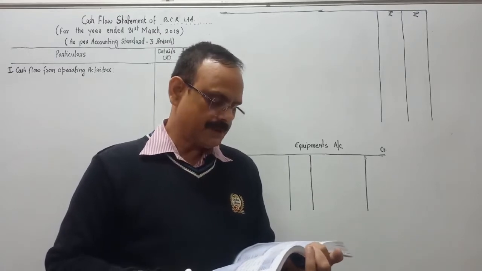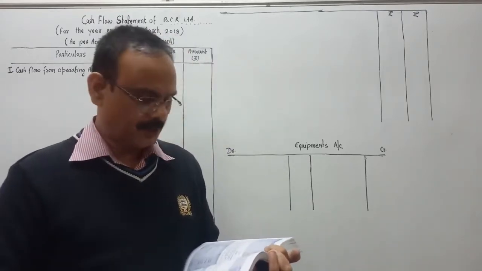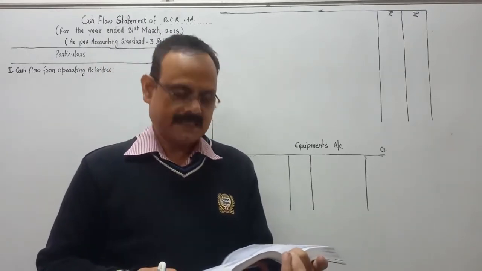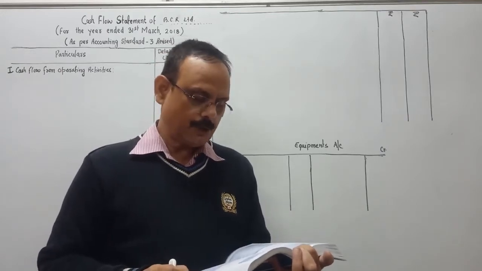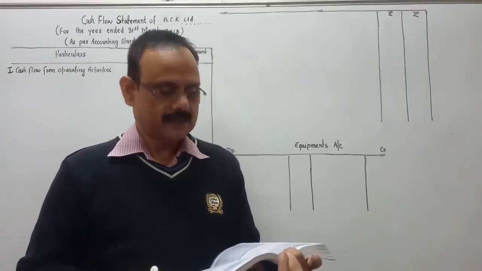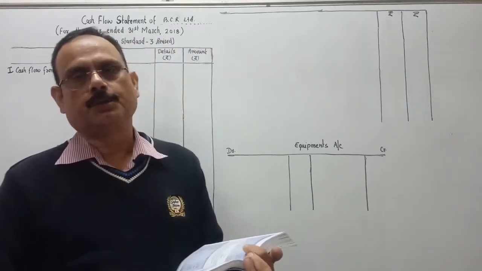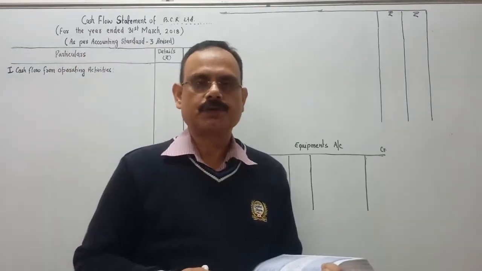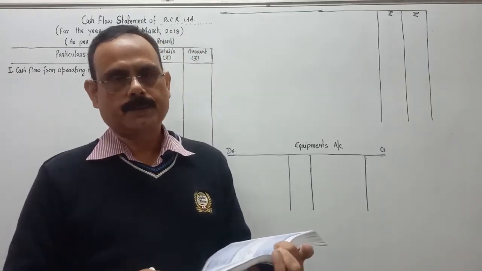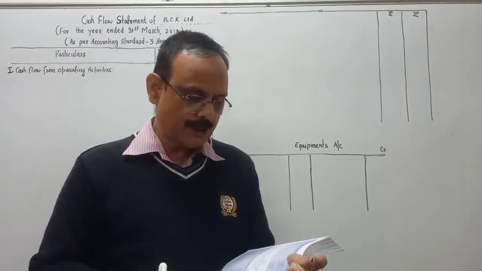Second additional information is during the year equipment costing rupees 1 lakh was purchased. Loss on sale of equipment amounted to rupees 12,000. 18,000 depreciation was charged on equipment. Okay, this is related to equipment.